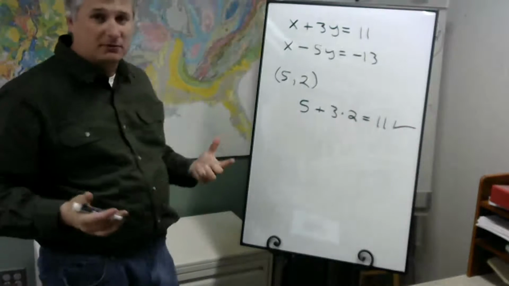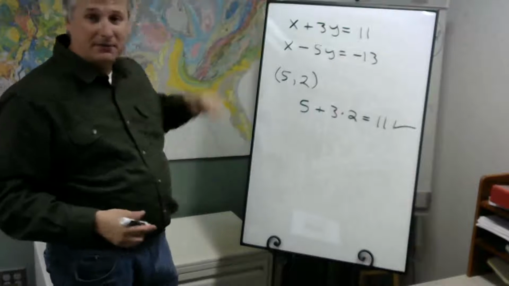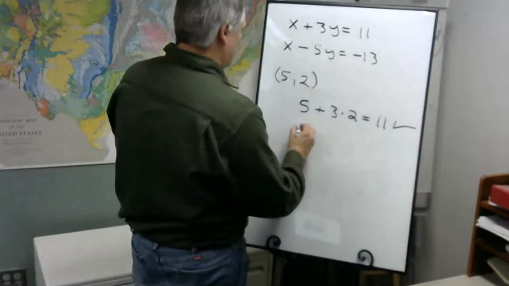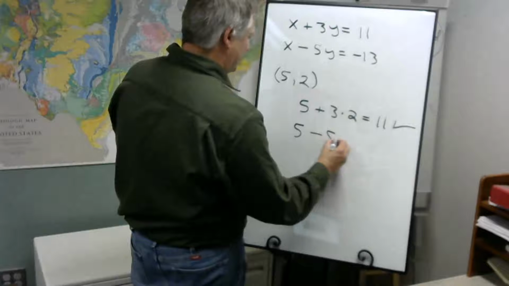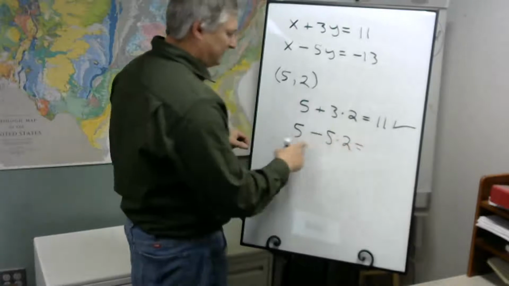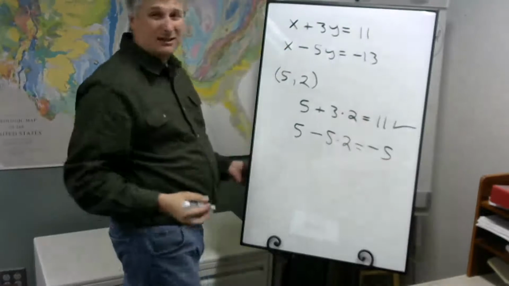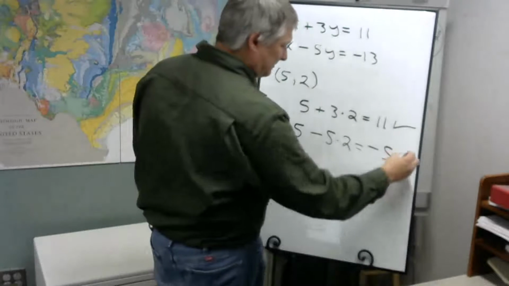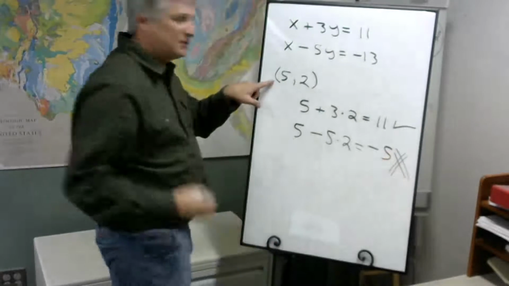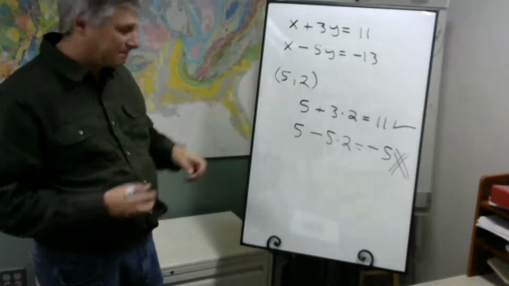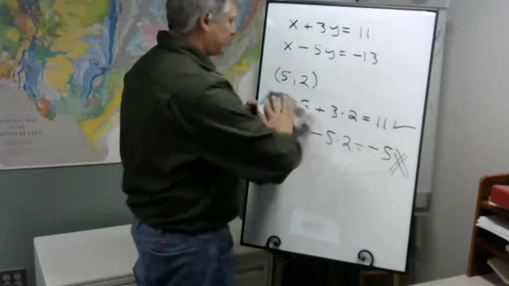So it satisfies the first equation. What about the second? We get 5 minus 5 times 2. It's going to be 5 minus 10. That's negative 5. We needed to get negative 13. So this is not a solution to the system. Again, it has to satisfy both equations.